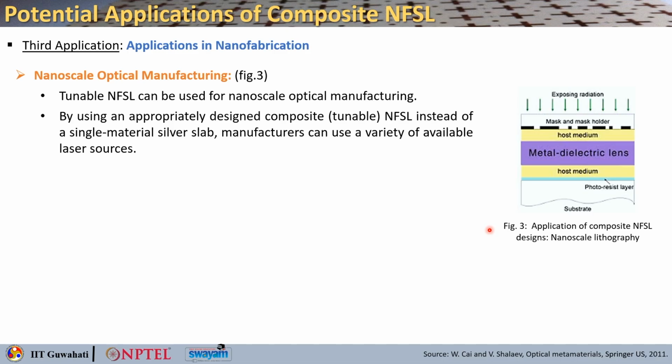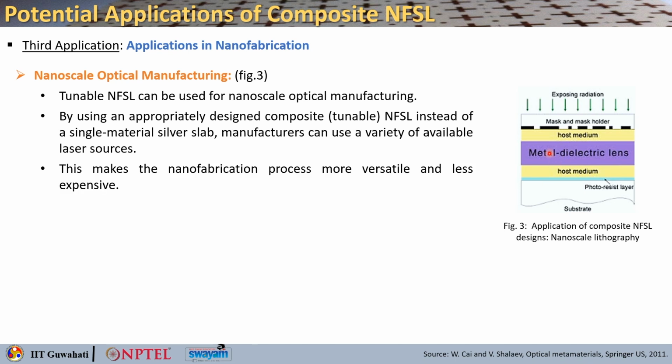By using an appropriately designed composite tunable near field super lens instead of a single material silver slab, manufacturers can use a variety of available laser sources, because this is tunable. So, this basically makes the nanofabrication process more versatile, and it becomes less expensive as well.